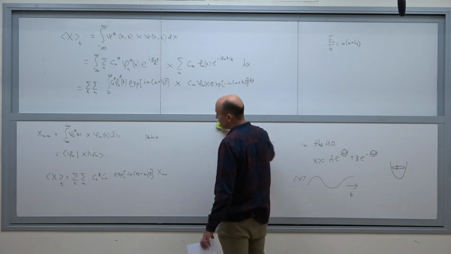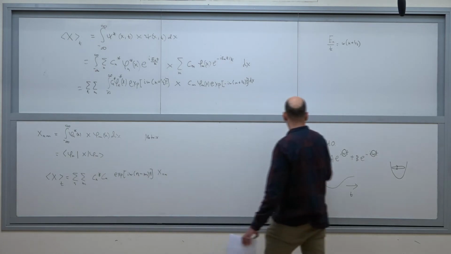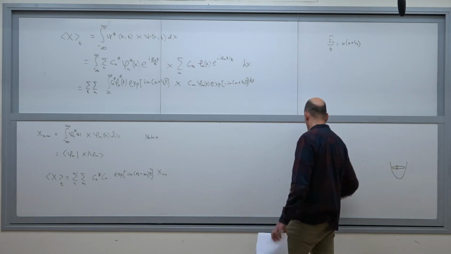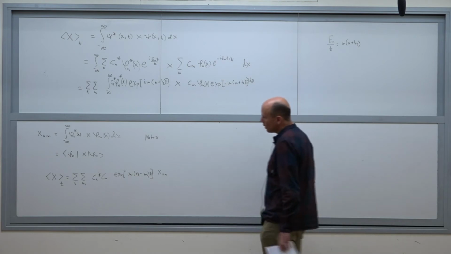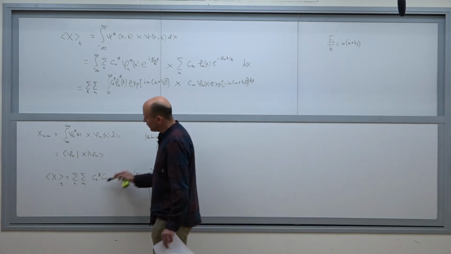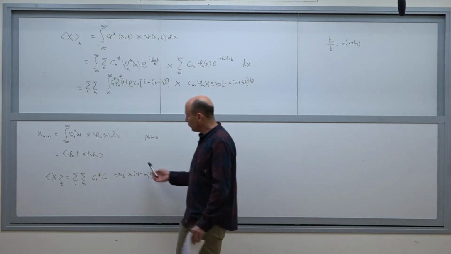What do I know from classical mechanics? So what do I know here? Well, these coefficients are very specific to your initial condition. But what do I know from classical mechanics?